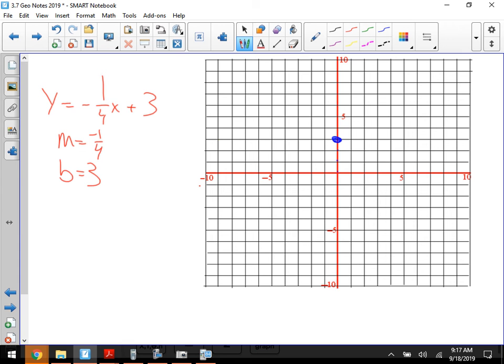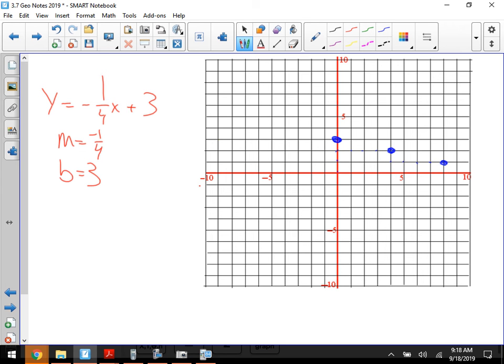And then what I like to have you guys do is to always fill up your graph with as many dots that fit. What I mean by that is I'm going to walk my slope however many times I need to. I know I have to go down 1, right 4, down 1, right 4, down 1, right 4. And I know that if I go any further, I'm off my graph.